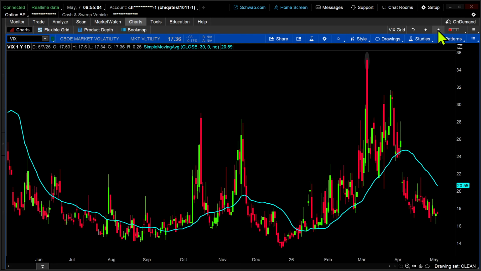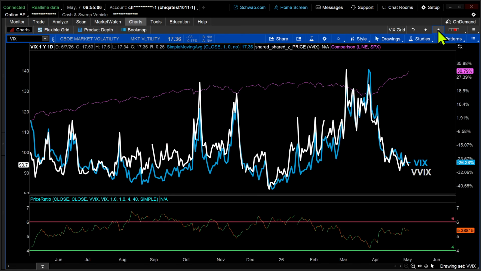We're going to switch to a different grid here, which shows us the VIX itself, that's the blue line, relative to the VVIX, the volatility of VIX. So the white line there, that VVIX line, is roughly the equivalent of the VIX of the VIX. How expensive is the VIX relative to where it has been?